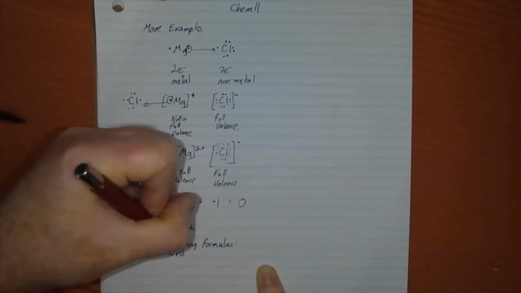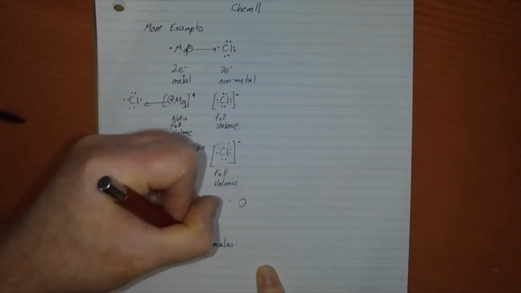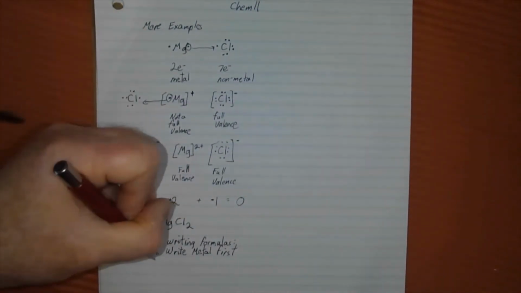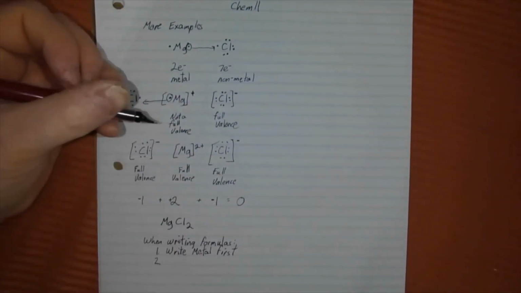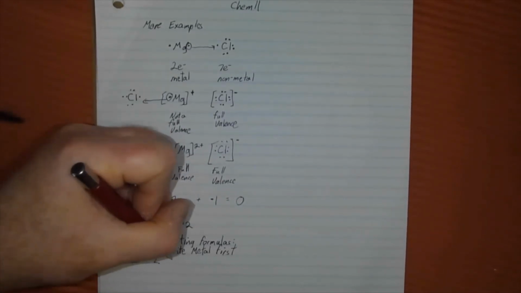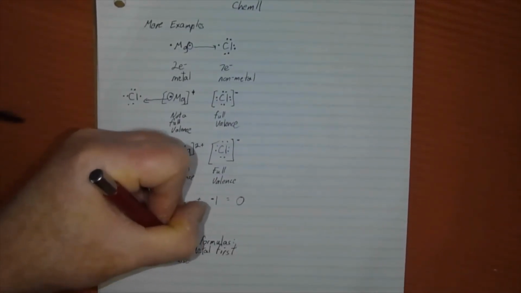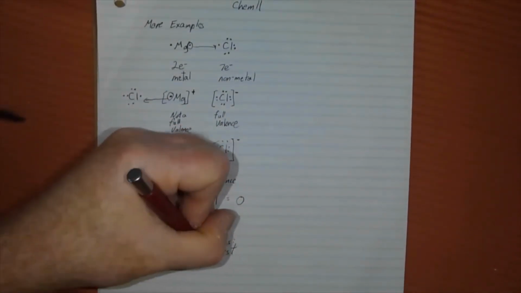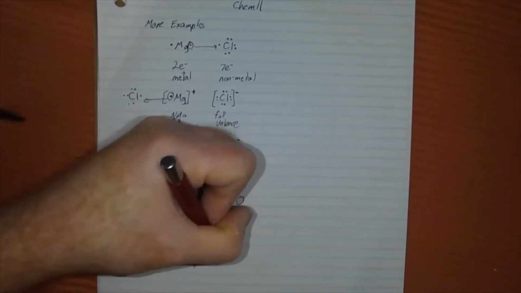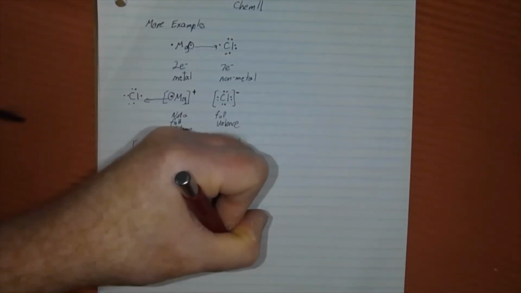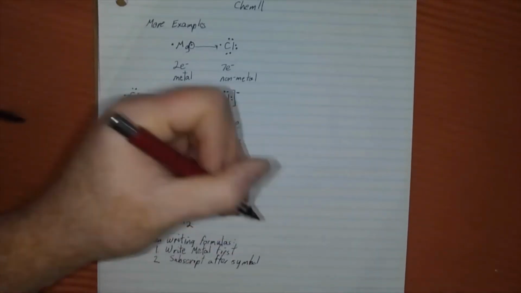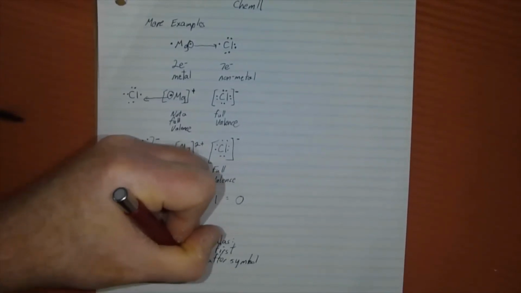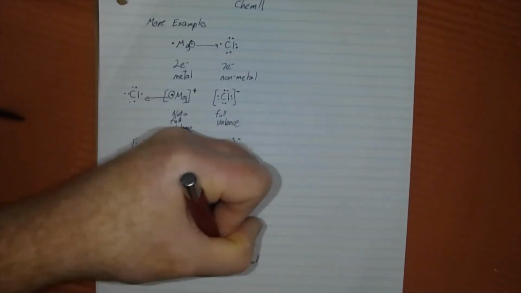So when writing formulas, write metal first. Subscript number after the symbol indicating how many.